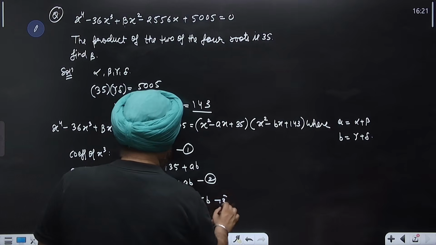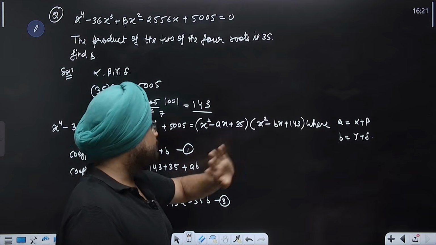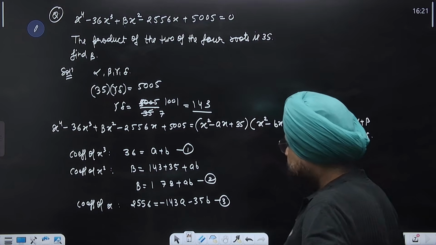So this is our third equation, and the constant term 5005 is equal to 35 into 143, which we have written already.